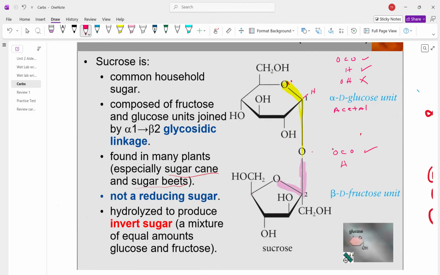So is there an H on carbon number 2? Well, carbon number 2, remember carbon has 4 bonds. 1, 2, 3, 4. So no H. Okay. And then we have no OH.